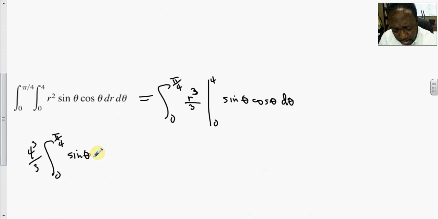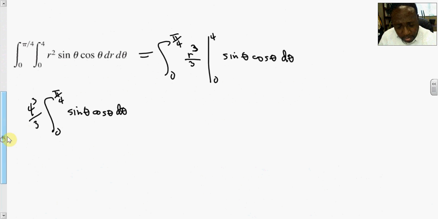This is sine theta cosine theta d theta. So here we use a u du substitution, so let u equal sine theta, and then du picks up the cosine theta d theta.